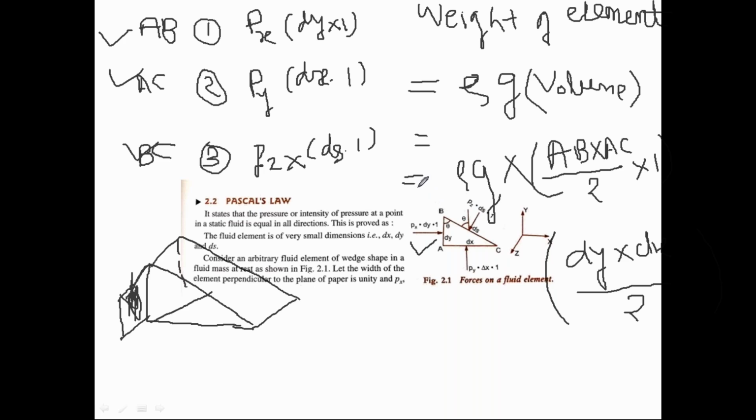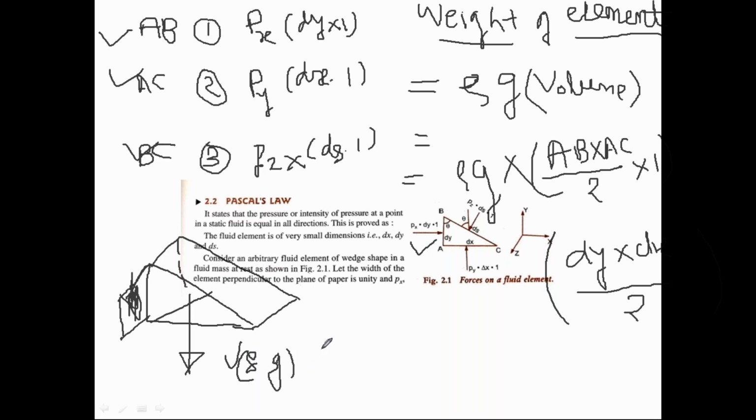Okay, so this is a pressure force, and this weight is nothing but one kind of force, and you know this weight always acts in the vertical downward direction. So what is the weight of this triangular wedge shape element? The volume of the triangular wedge shape element times its density, and rho into g is nothing but the specific weight.